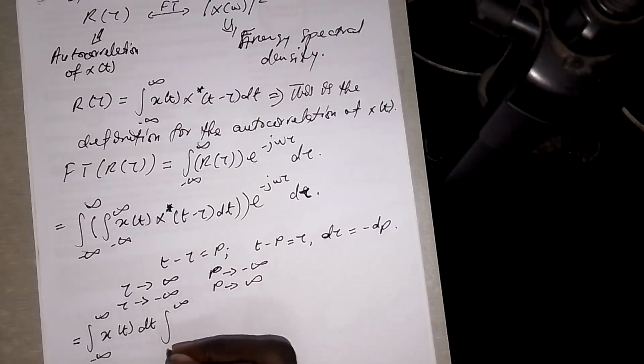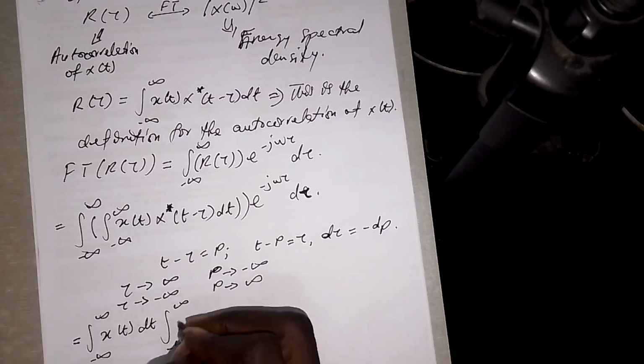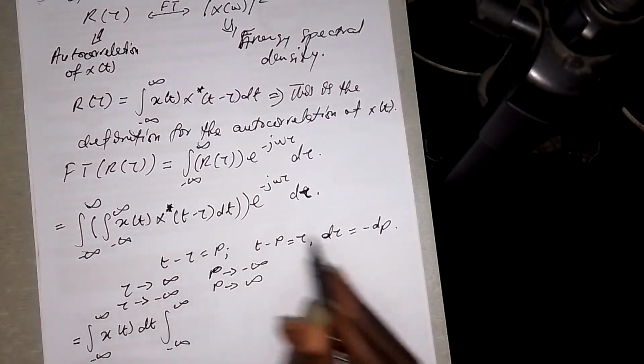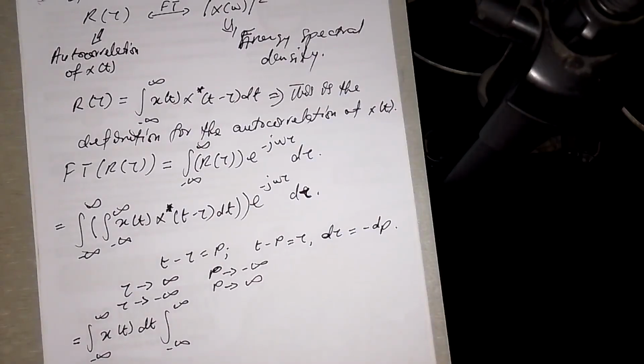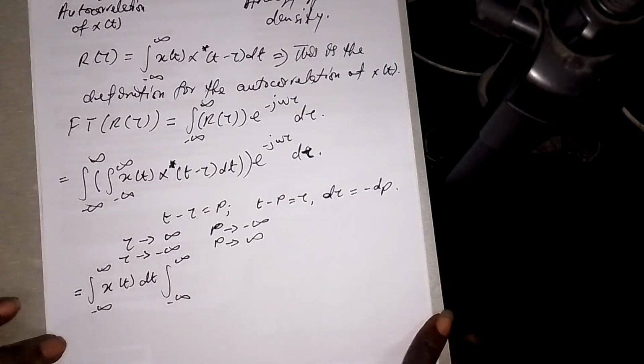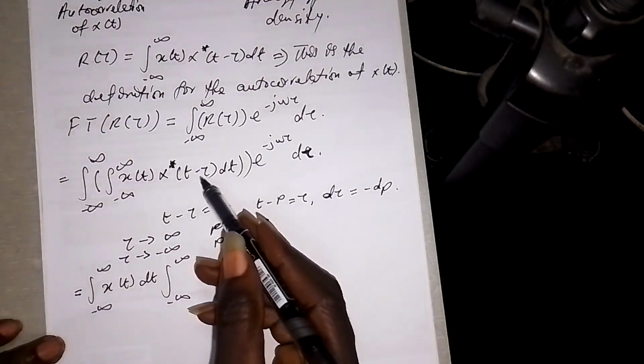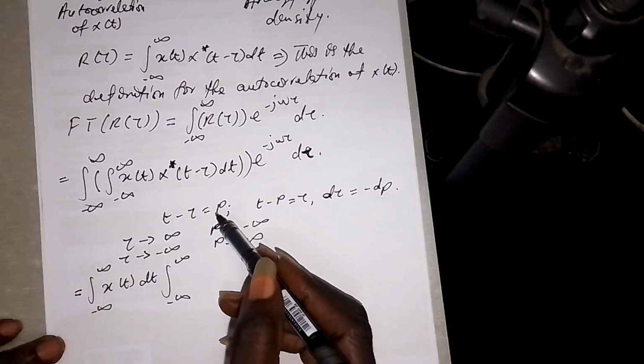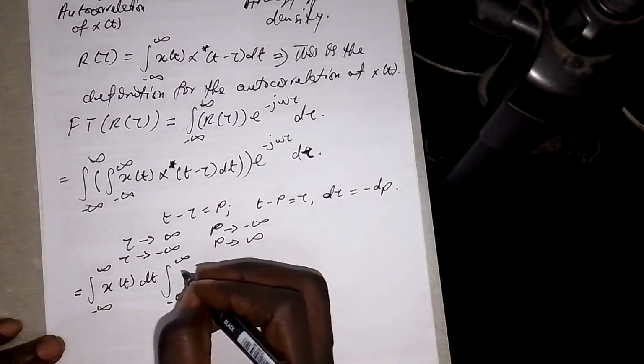And then this t minus tau will change. It will change to p.